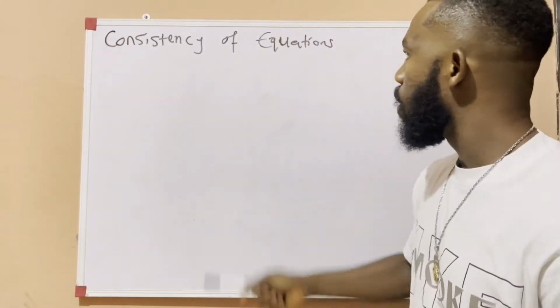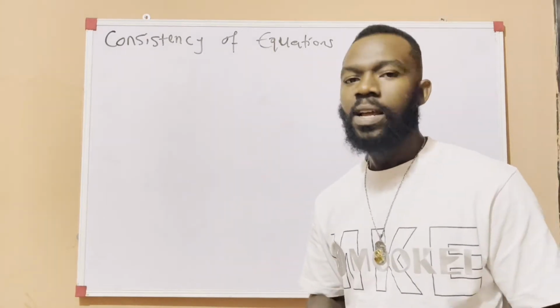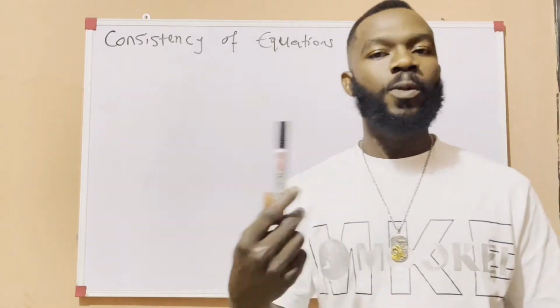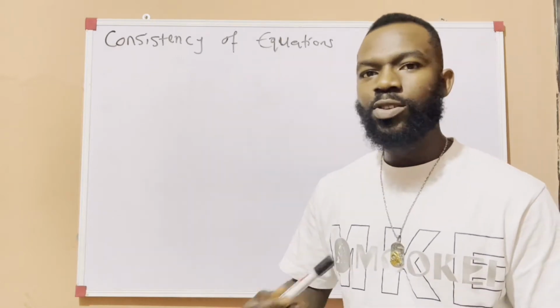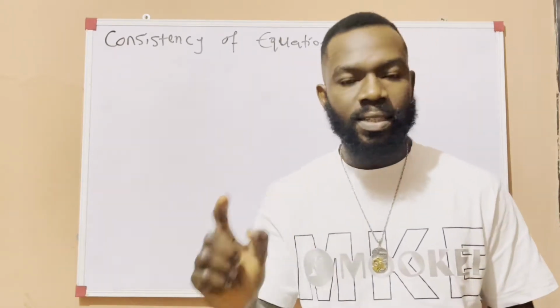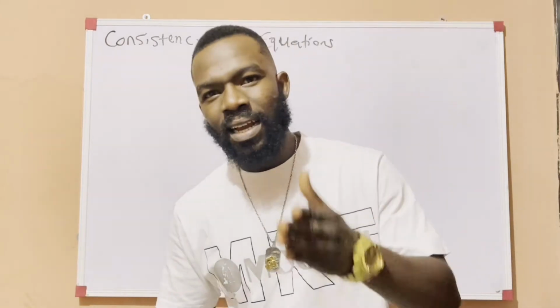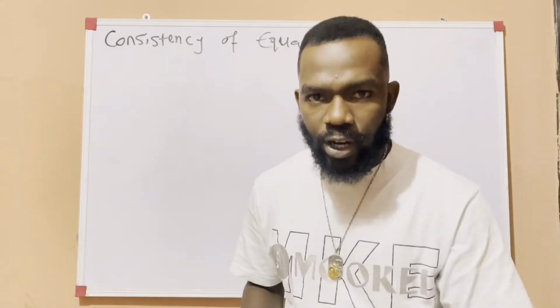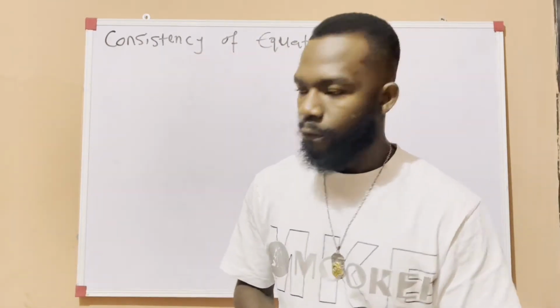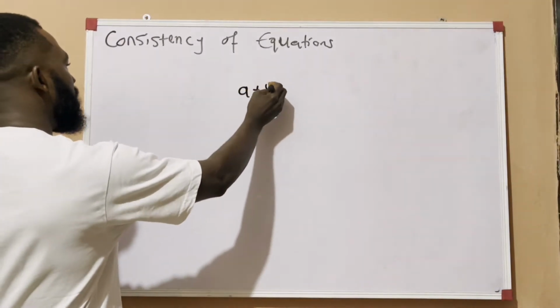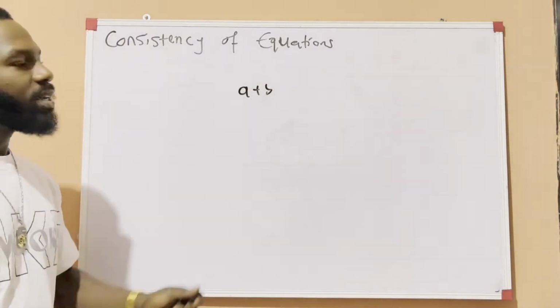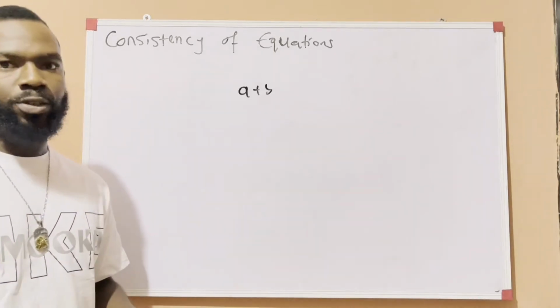Now, first of all, what is an equation? Equations are expressions with equality signs. So it clearly means that there is a difference between expressions and equations. For instance, if I should say A plus B alone, this is an expression.